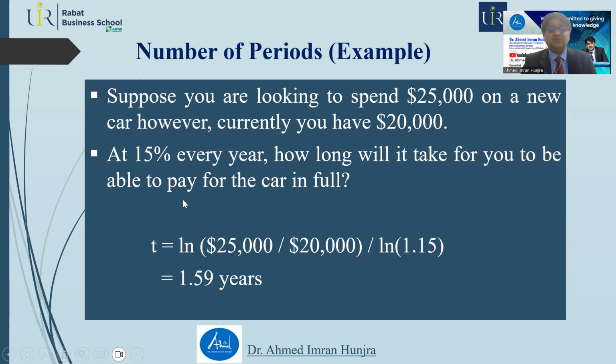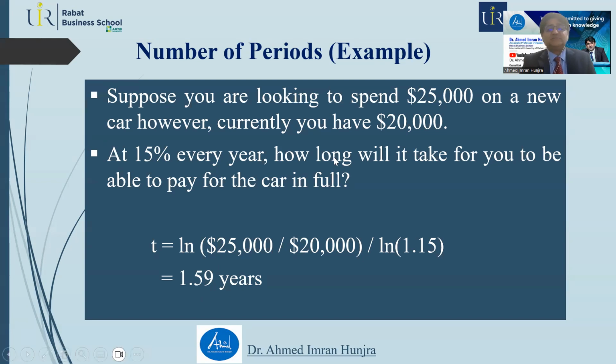We have the formula. What is the formula? N equals log of total future value divided by present value, whole divided by log of 1 plus i. In this case, the interest rate is 15%. We can find the value is 1.59 years.